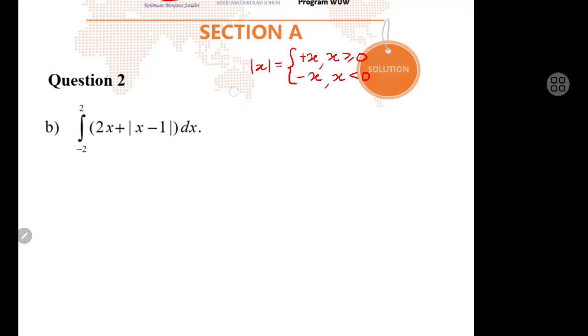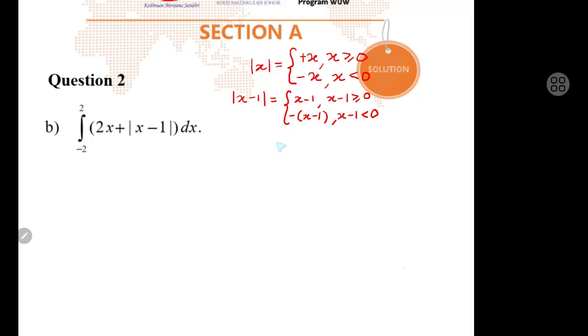Since we have modulus of x minus 1, modulus of x minus 1 equals, copy back the function, x minus 1 for x minus 1 greater than or equal to 0, and then negative (x minus 1) for x minus 1 less than 0.